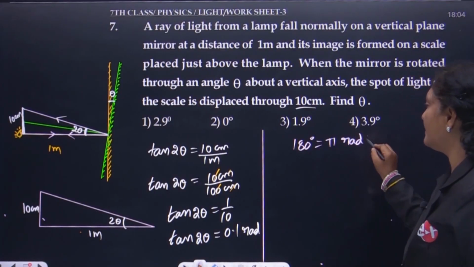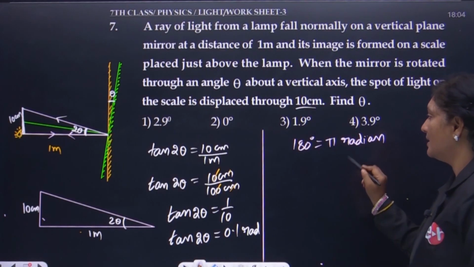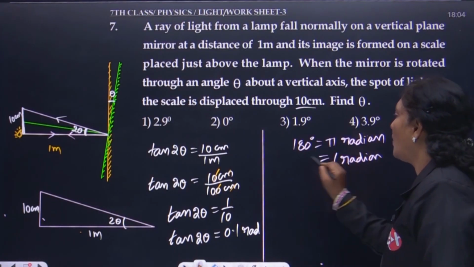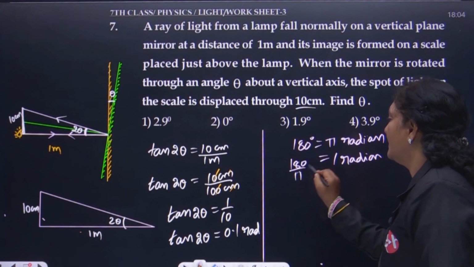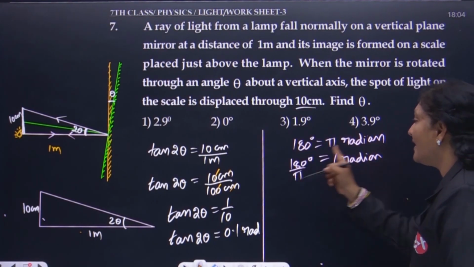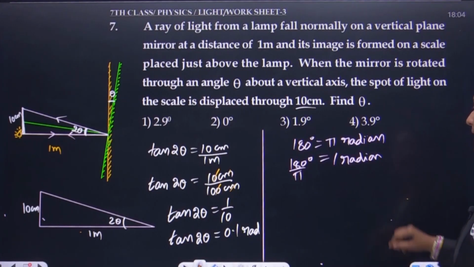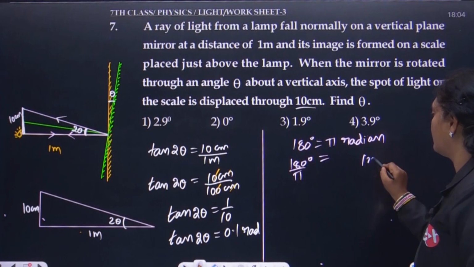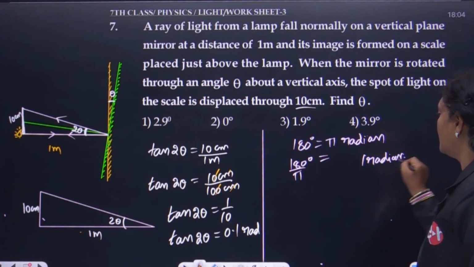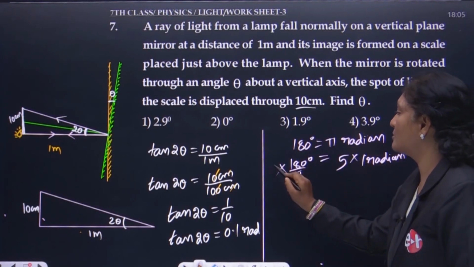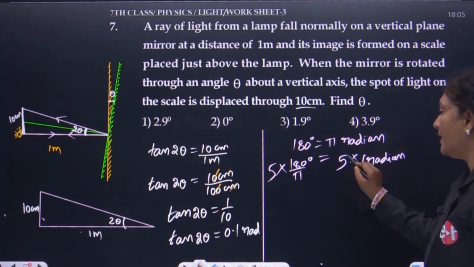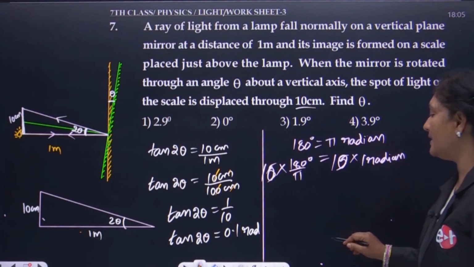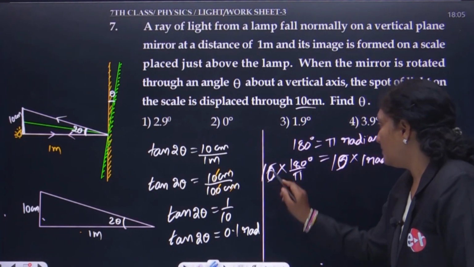If 180 degrees is equals to pi radians, then 1 radian must be equals to 180 by pi degrees. Similarly, if 1 radian is equals to 180 degrees by pi, then 10 radians is equals to 10 times of 180 by pi.